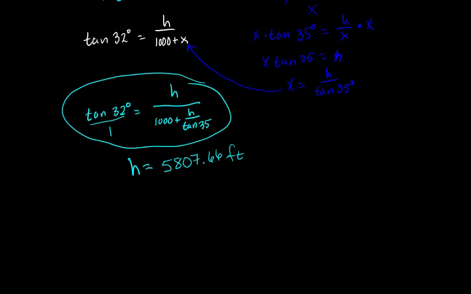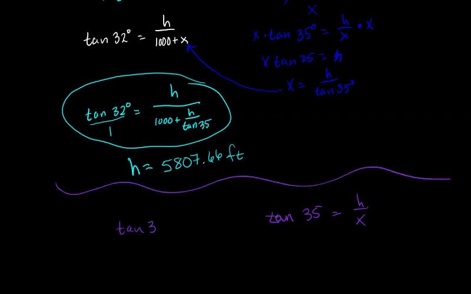you've got tangent of 35 equals h over x, and you've got tangent of 32 equals h over 1,000 plus x.